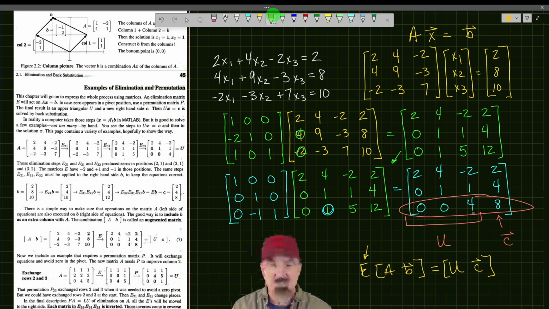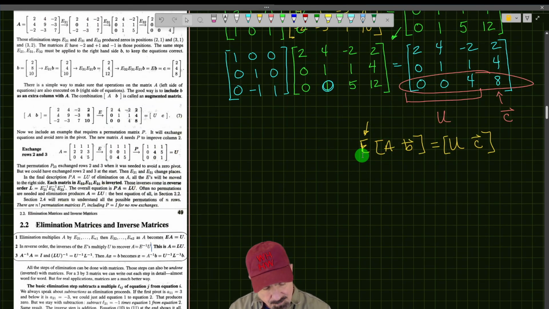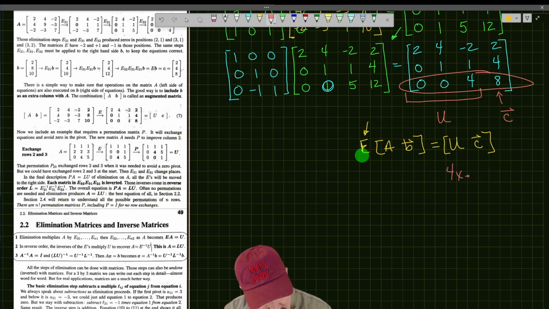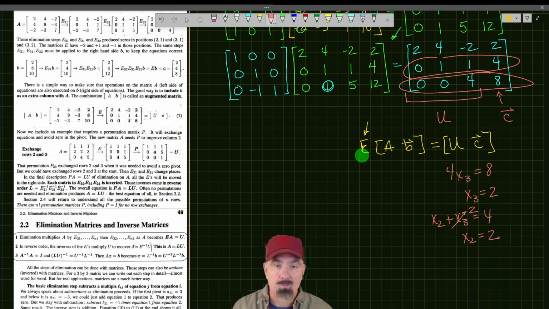So we're going to take a look at this equation. That equation is 4 times x3 is equal to 8. So we have 4x3 is equal to 8, which means x3 is equal to 2. The next equation says x2 plus x3 equals 4. But we already know what x3 is. x3 is 2, so we put a 2 in here, and we see that x2 is equal to 2.